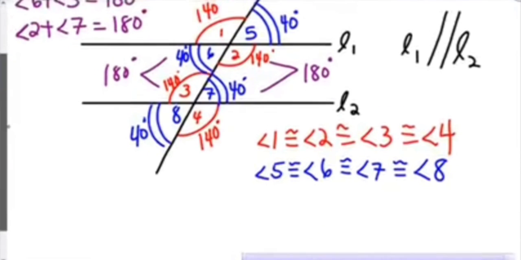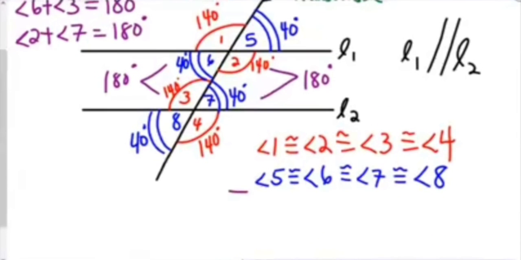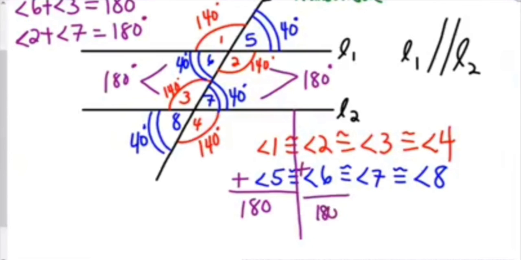And if we take a look at any of the red and the blue, if you combine them and you add those two angles, angle 1 and angle 5 will add up to 180 degrees. Angle 2 and angle 6 will add up to 180 degrees, and so on and so on.